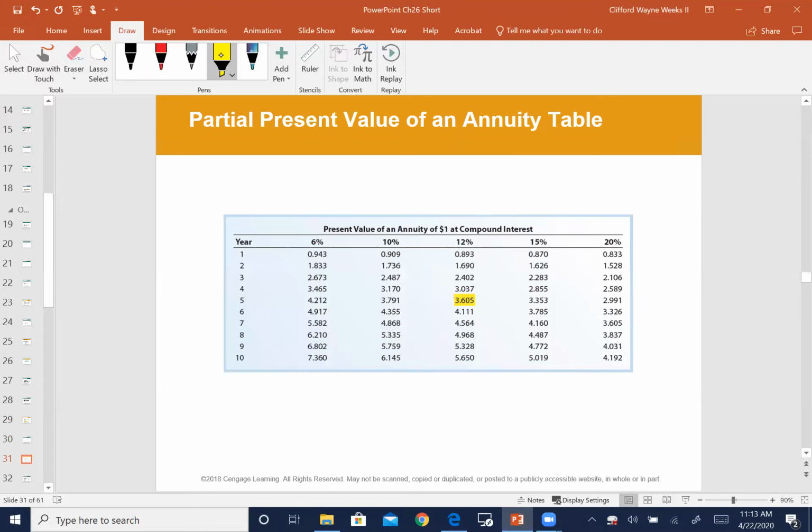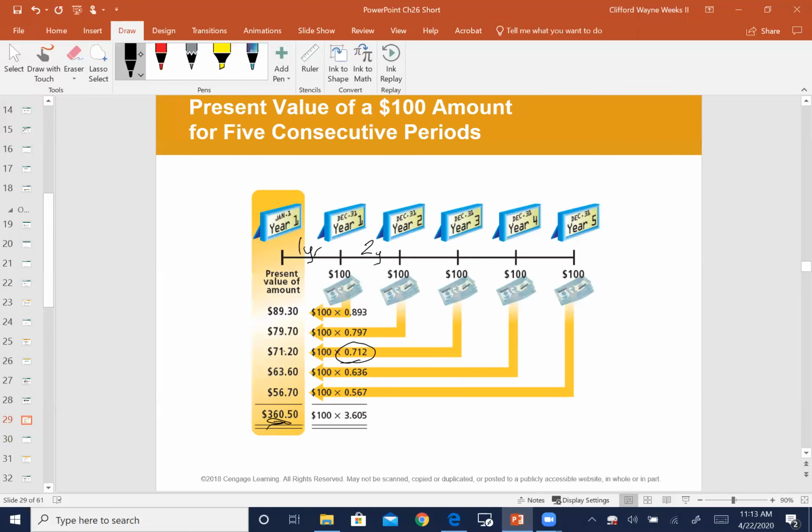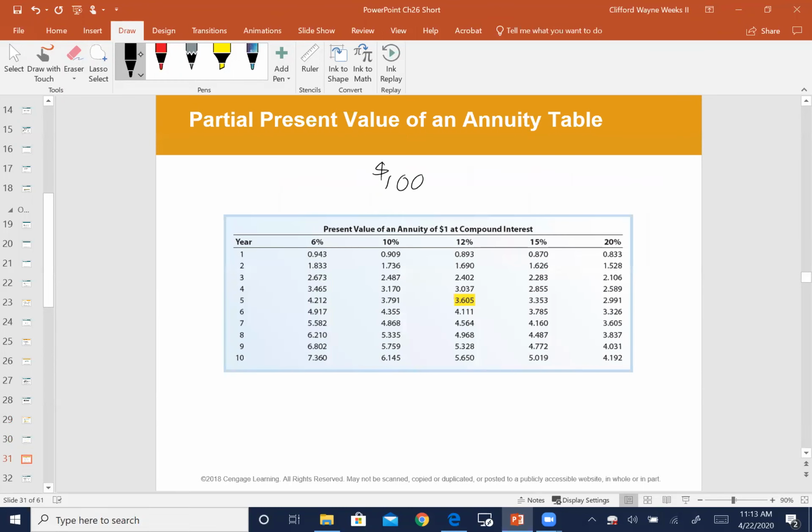All right. And so if you remember, we had the $100. We had the $100. And if we used, was it 100 or 500? Yeah, it was 100. Okay. And if we use this table, again, we're using the 12%, right? This time we're at 5 years, okay?